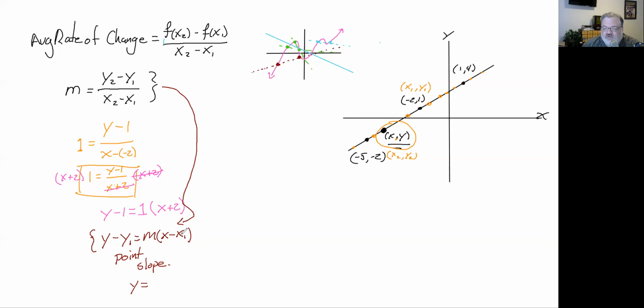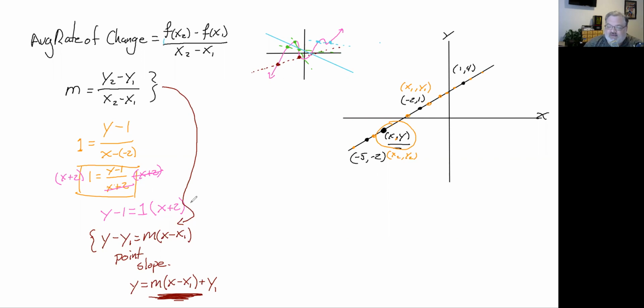They'll add this y1 to both sides and get m times the x minus x1 plus y1. Because, what's the first thing we're going to do up here? We'll probably add that 1 over. So we'll talk more about this in a minute, but that point slope form of a line is really, really, really handy.